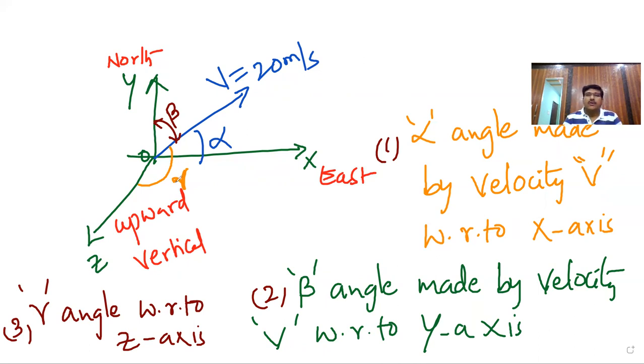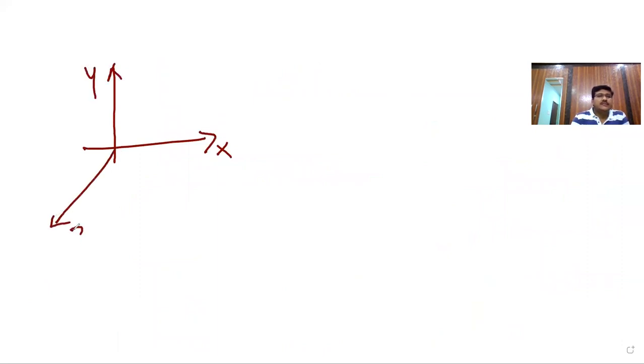Now, observe carefully. Let us say this is x, this is y, this is z. Now, this is vector v. This is alpha. This is beta.